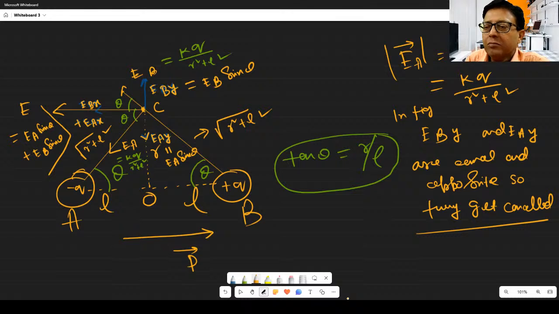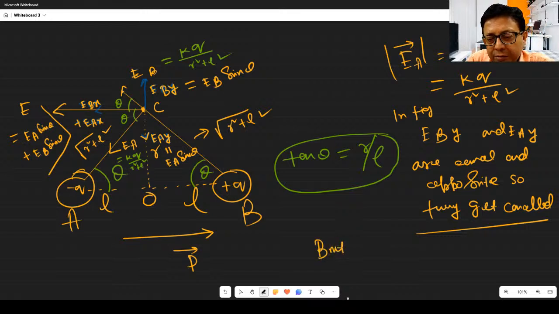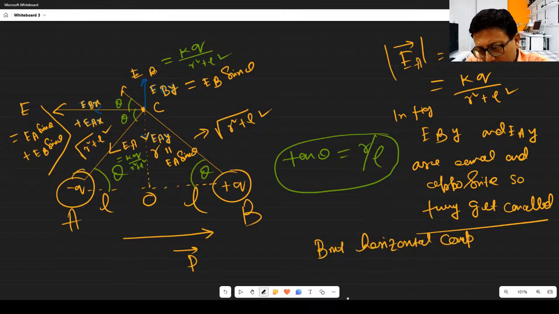Isn't it? But the horizontal components add up. Horizontal components add up.